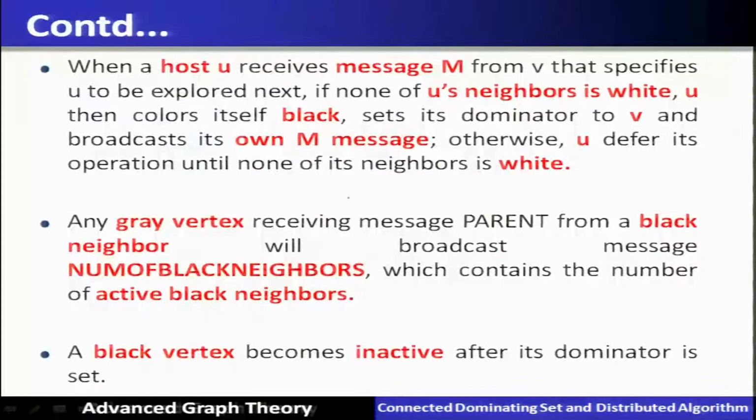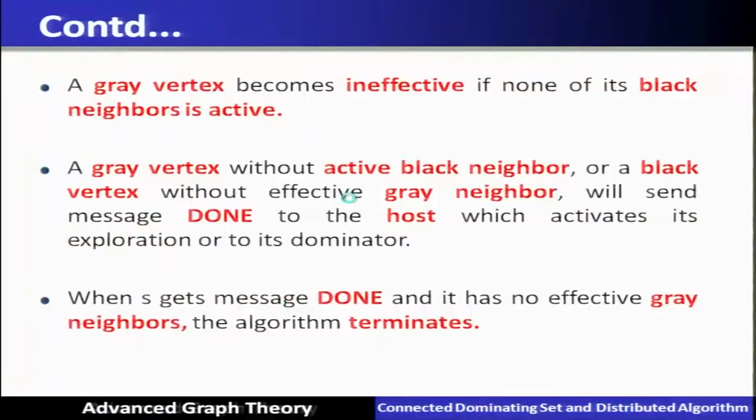So when a host U receives message M from V that specifies U to be explored next, if none of U's neighbors is white, U colors itself black, sets its dominator to V and broadcasts its own message M. Otherwise it defers the operation until none of its neighbors is white. Similarly, this process will follow for the gray neighbors.